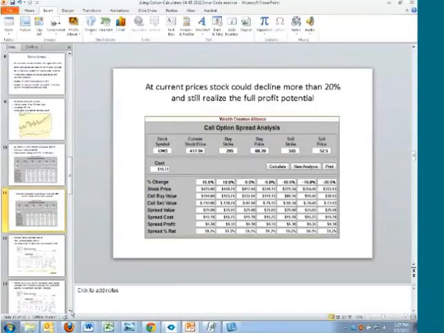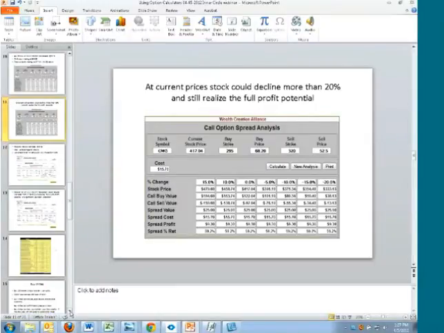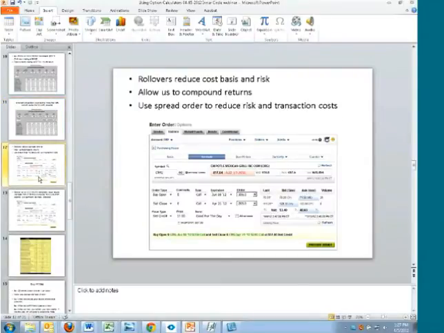So let's talk about rolling over this Chipotle spread, which we will be doing in the near term. And with an option spread order, if you're going to roll it over, it would take two spread orders. In other words, you're going to close out your long call with a spread order like this.